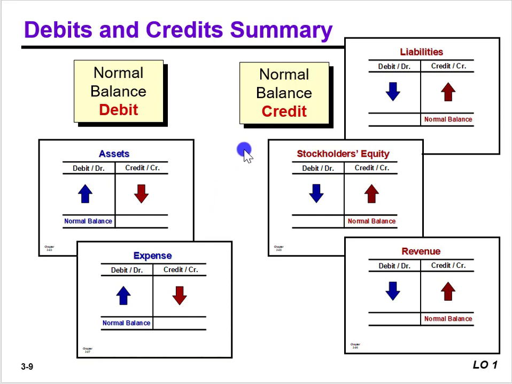Your liabilities, stockholders' equity, and revenue accounts normally have a credit balance. That's their normal balance. And here in the illustration, they're showing you what happens when you debit or credit these individual accounts, whether the value of the account goes up or down. But what's important here is that assets and expenses have a normal debit balance, and liabilities, stockholders' equity, and revenue have a normal credit balance.